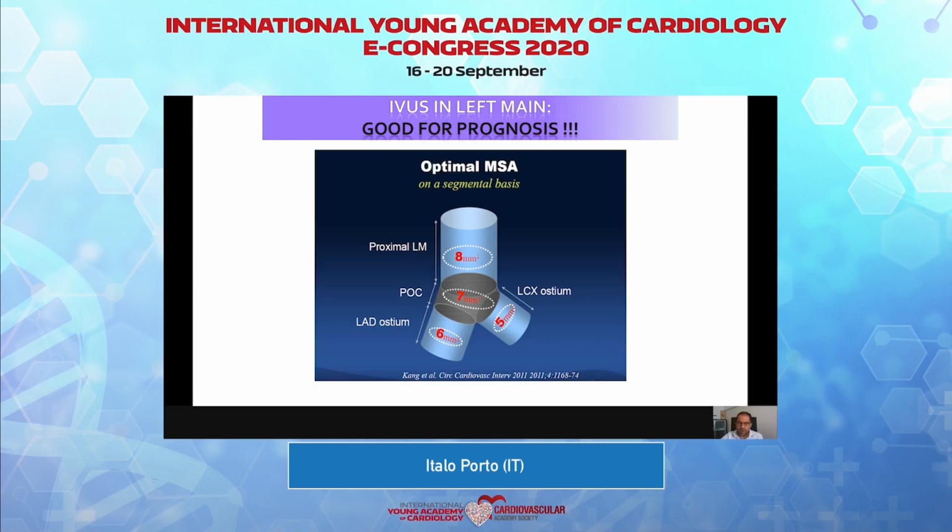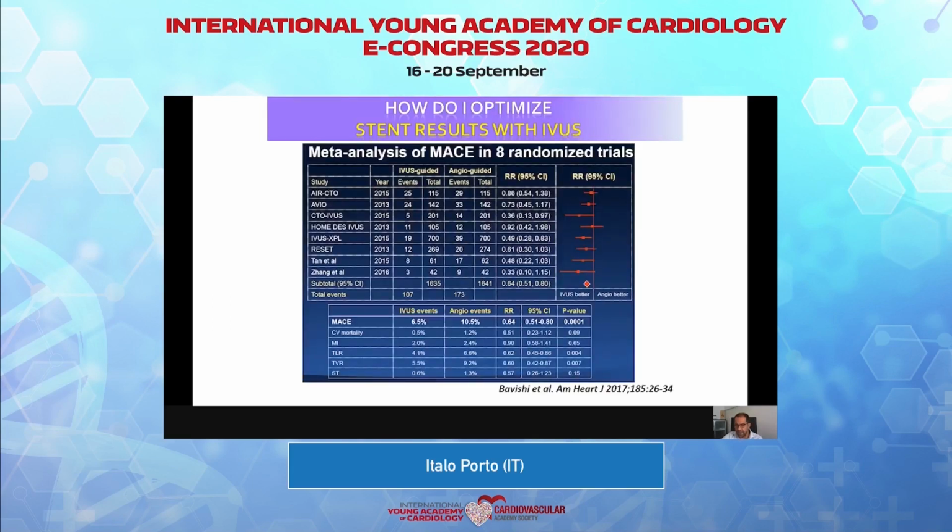If you obtain this kind of value at post-PCI evaluation, you are doing a good PCI in the main. And again, optimal procedural results are associated with optimal long-term prognosis.